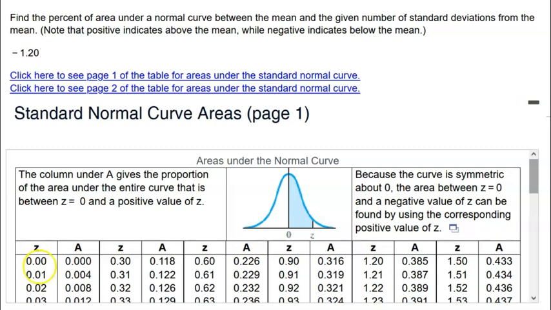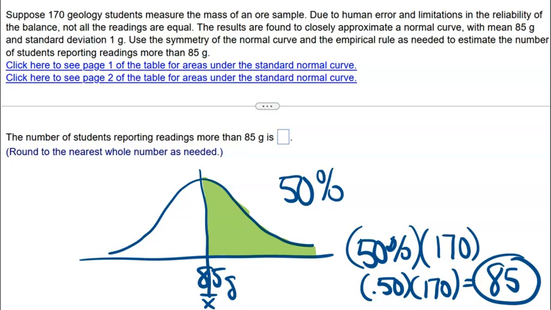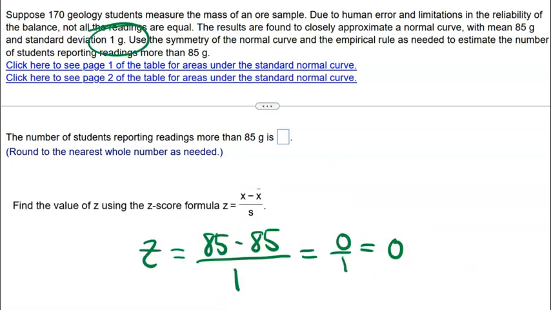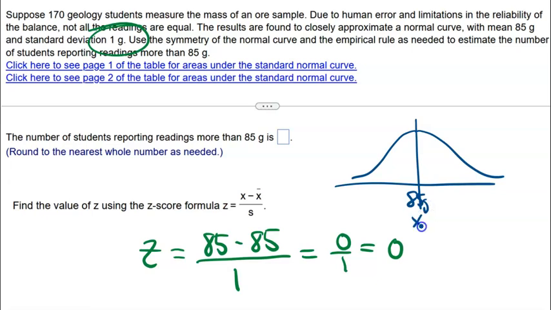So I look up 0, and look, my area is 0. Well, no kidding, right? Because if you go from the average and you scoot over to that score, and that score is right on top of the average, then it gives you 0. So I'm back over here. I draw the picture again: 85 grams is our X bar, and we're looking at 85 grams.